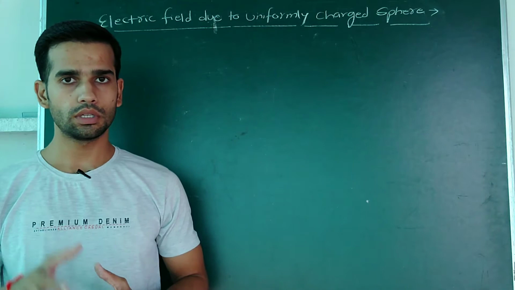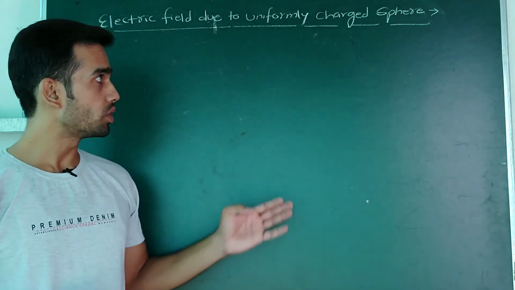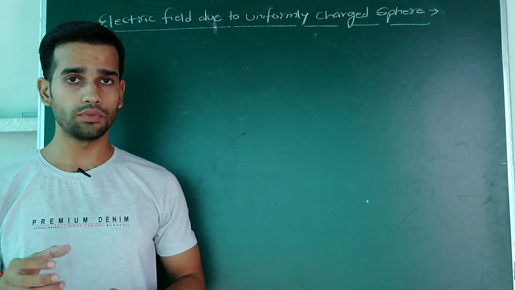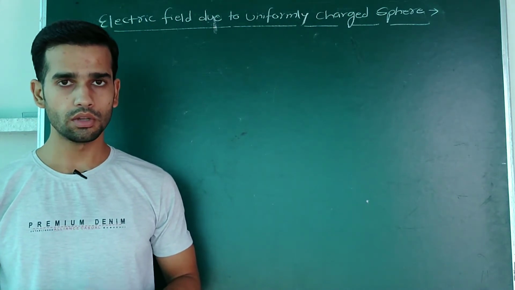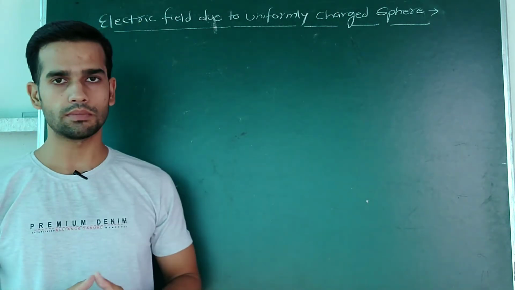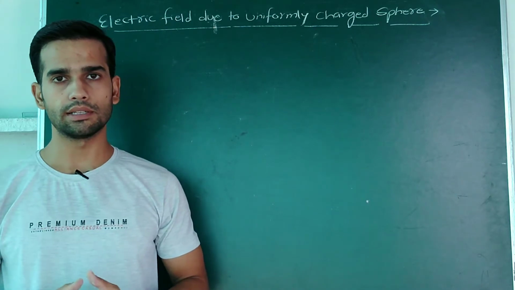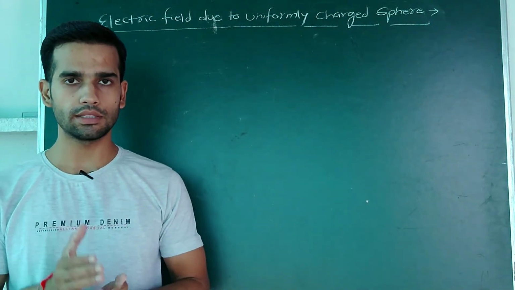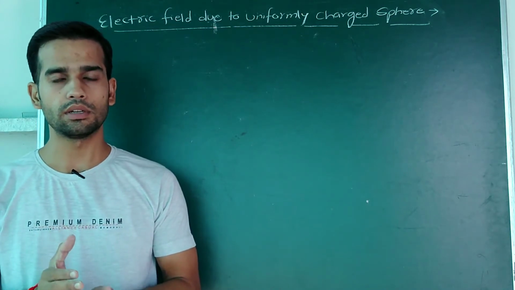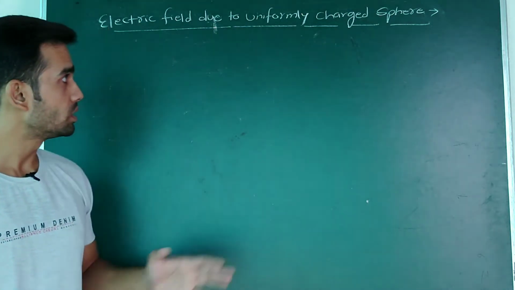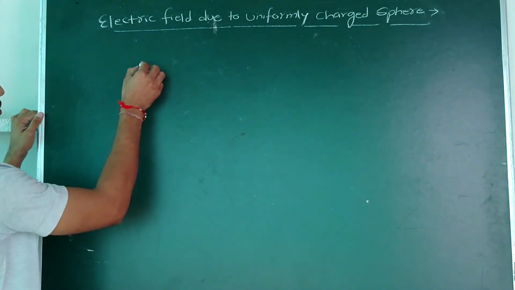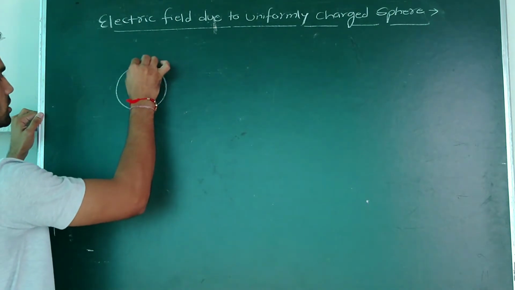In this sequence, we are going to discuss how to calculate electric field due to a uniformly charged sphere. First of all, keep in mind that in this topic we are going to discuss a non-conducting sphere, because the case of a non-conducting sphere and a conducting sphere are different.